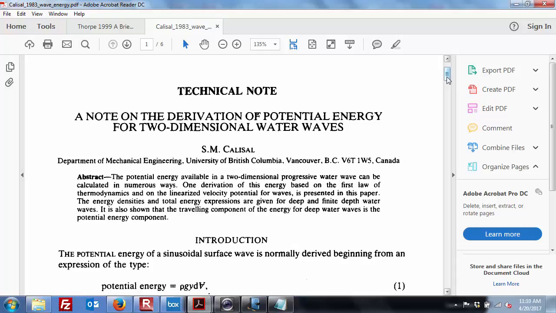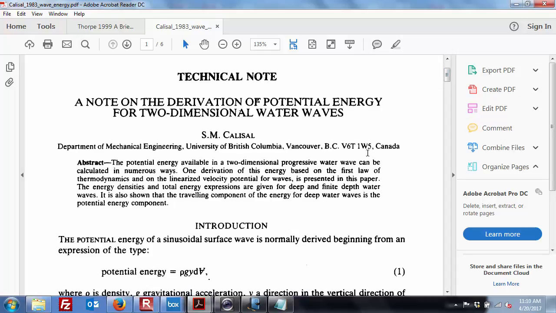So what he starts with, and I'm not going to do all the math, there's a fair amount of calculus in here, but what he's looking at is your density, your gravity, and your distance. So that's basic. This is mgh, that little equation: rho, g, y, and that's a delta V. Whereas rho is mass per unit volume, you multiply that by delta V and you get mass.